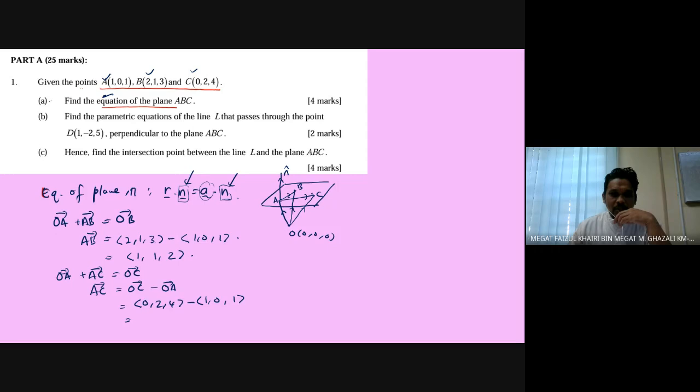So 0 minus 1 equals negative 1, 2 minus 0 equals 2, 4 minus 1 equals 1. If I write this in proper vector form, it is i plus j plus 2k, and this is negative i plus 2j plus k. But for me, writing in this form is more than enough. It's all up to you.